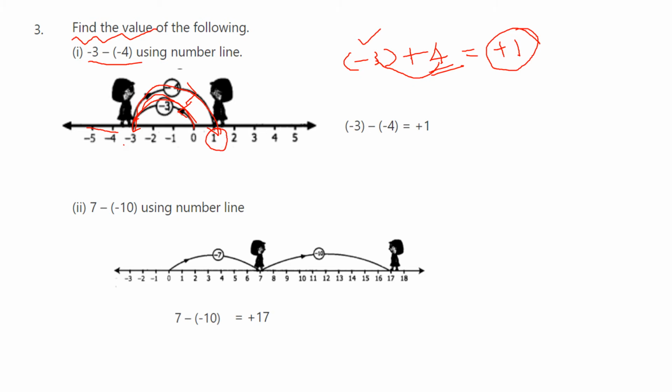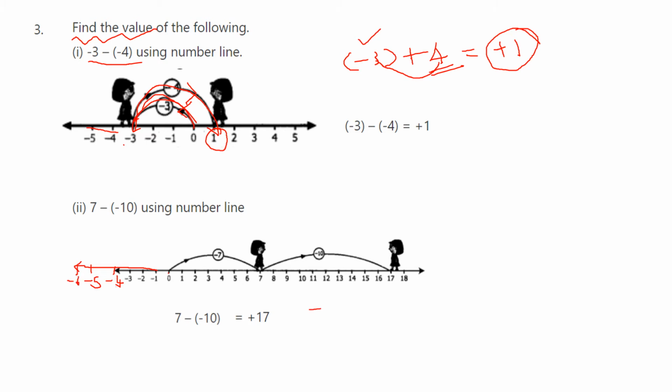Next question, 7 minus of minus 10 using number line. That means we first draw the number line: 0, and here also you can draw up to 5 or 6, minus 4, minus 5, minus 6, and first 7.